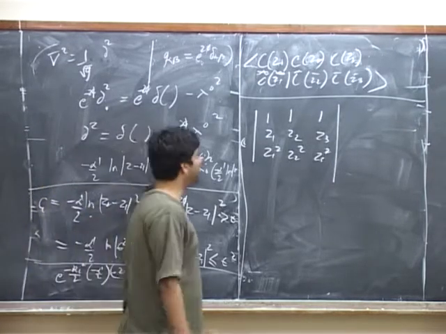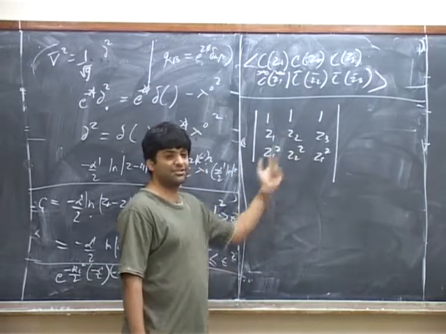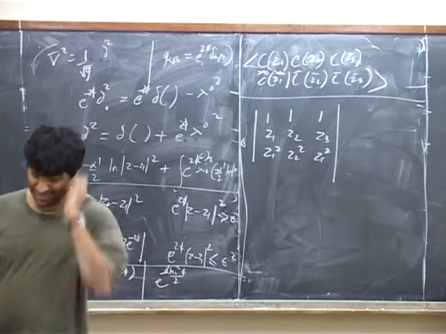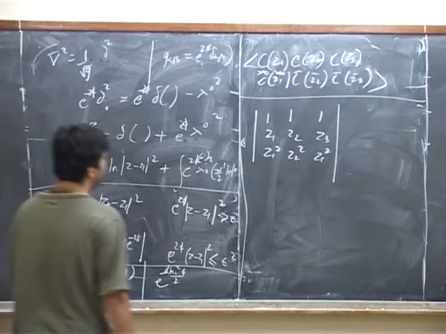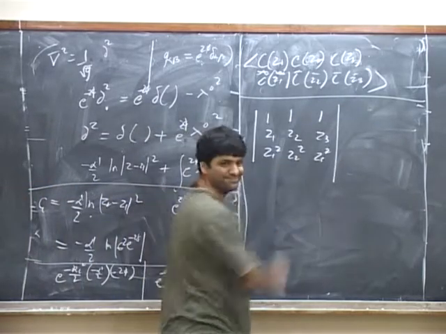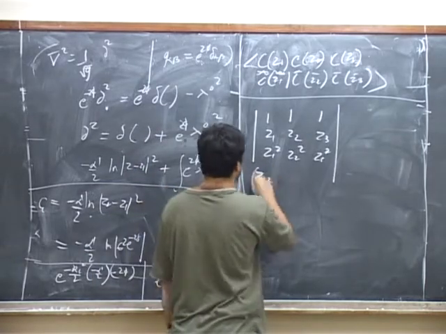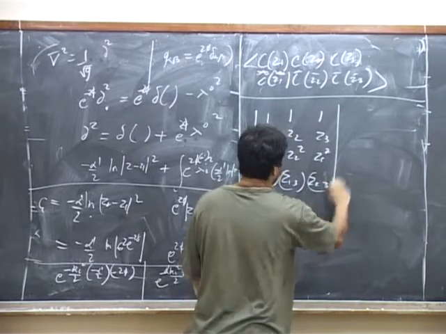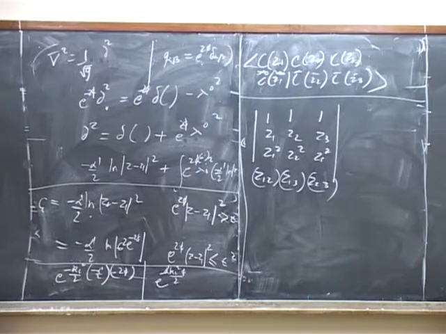Well, you can calculate it, but we can be even slicker. It must vanish when any of Z1 and Z2 are equal. And it must be of degree 3. What are the options? It has to be Z12 times Z13 times Z23. It has to be proportional, times a number, we don't care about numbers.